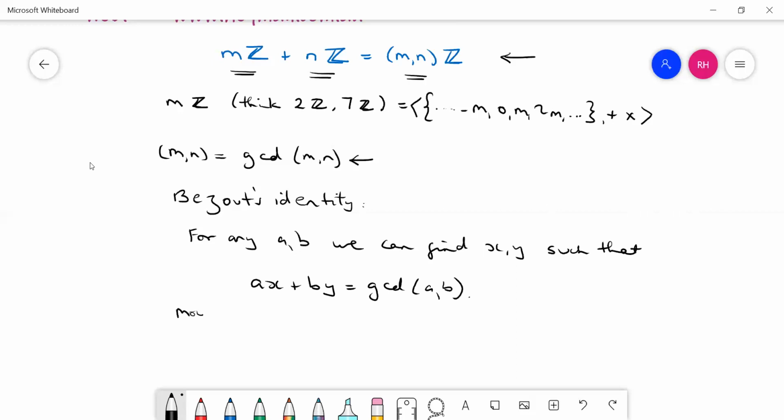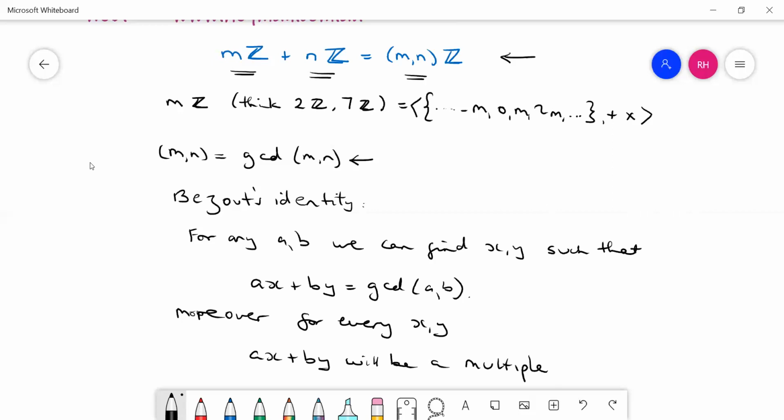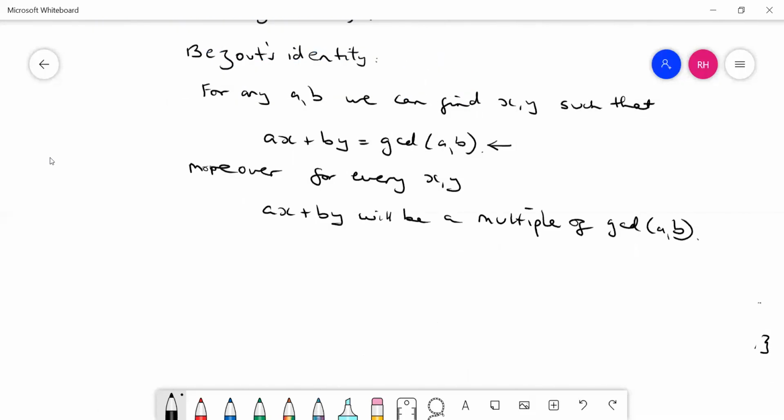And moreover, for every x and y, Ax plus By will be a multiple of the GCD of A and B. So not only can you create the GCD by multiples of A and B and then adding them up, but you can also create every multiple of the GCD.